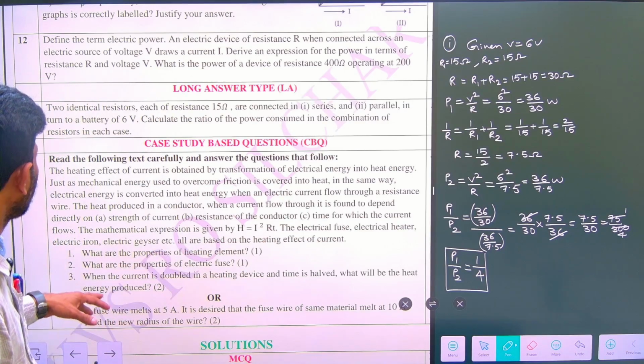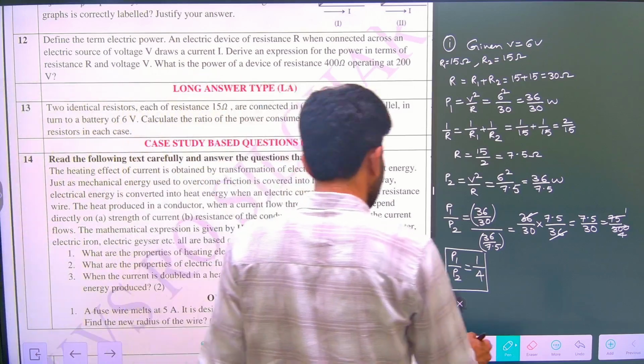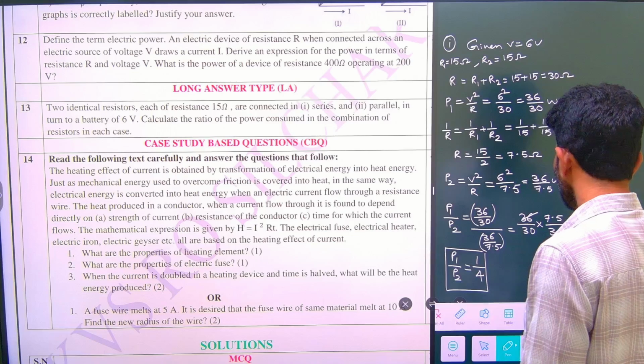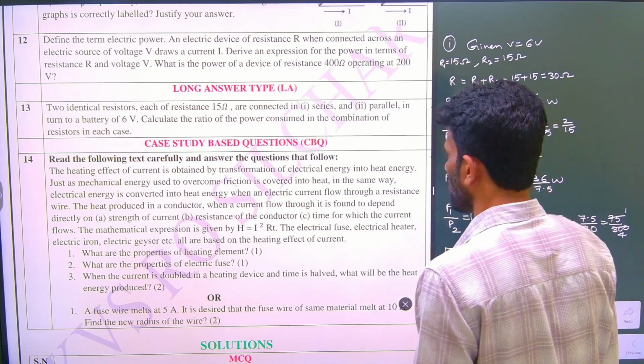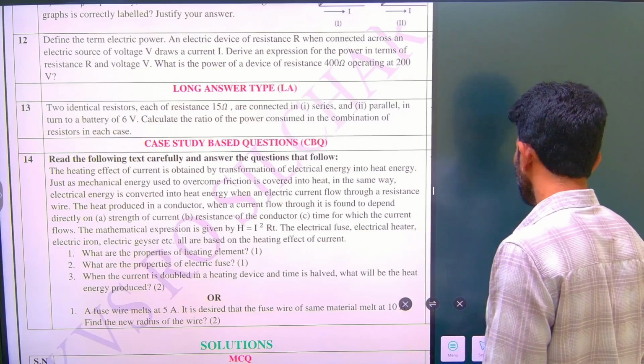So now what we have to find? What are the properties of a heating element, in what way that conductor should be, so that it will produce more heat.